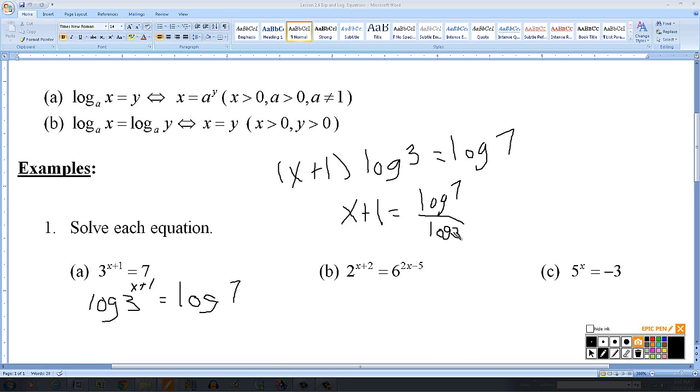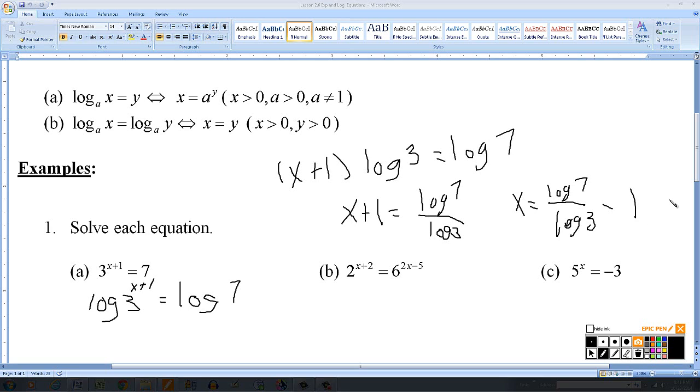Okay, so subtract 1 from both sides, and I'll get x should equal the log of 7 divided by the log of 3, minus 1.